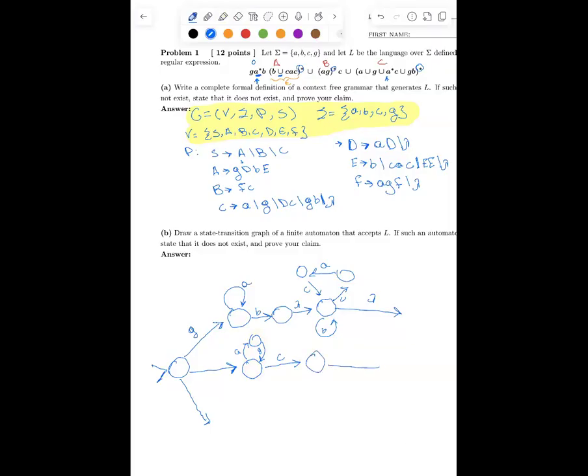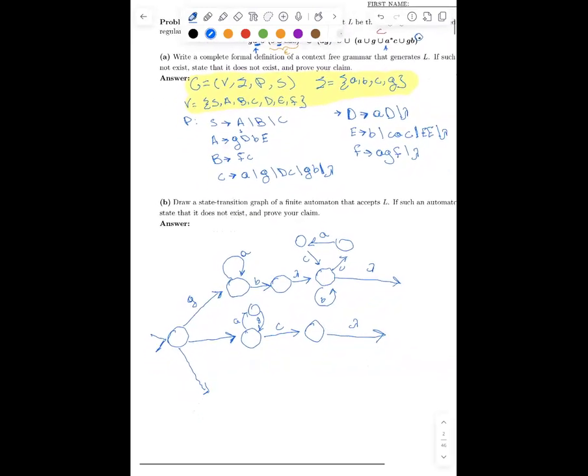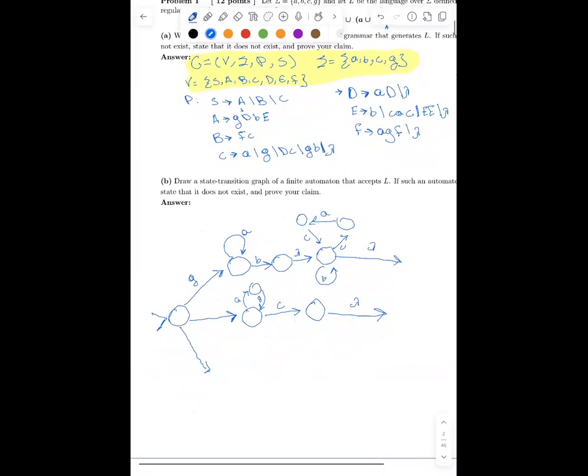And then again, I'm using lambda. And lastly, here is lambda.